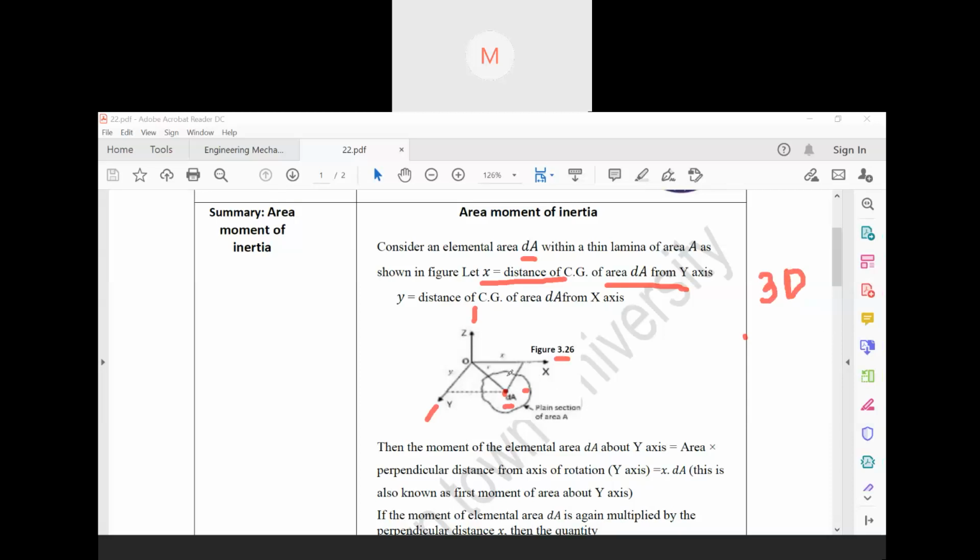So this point, if you consider a distance from the y-axis, that means this axis. If these two distances are computed, this is X, and this is Y, the distance.